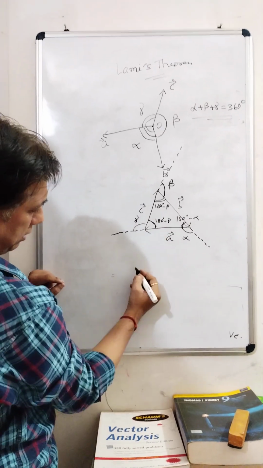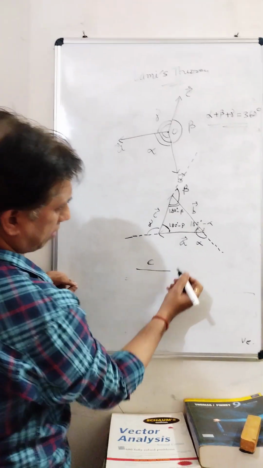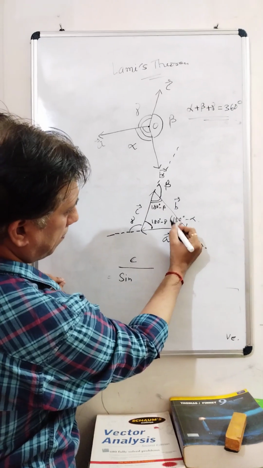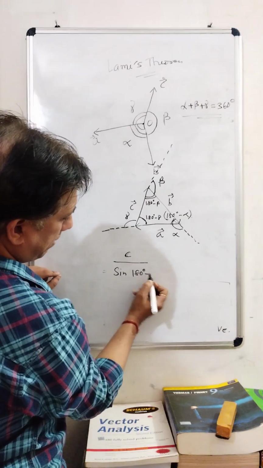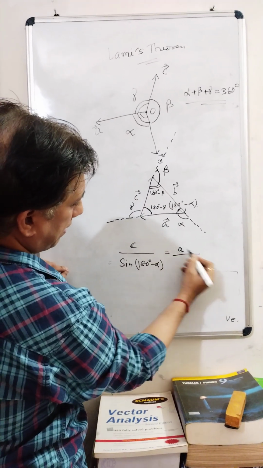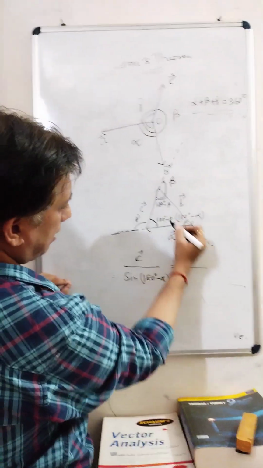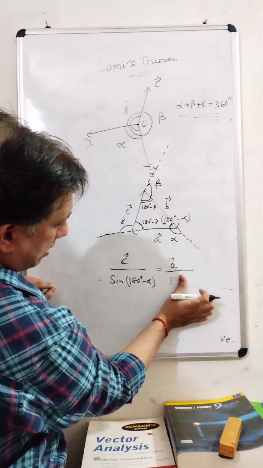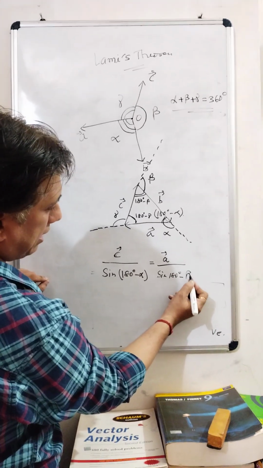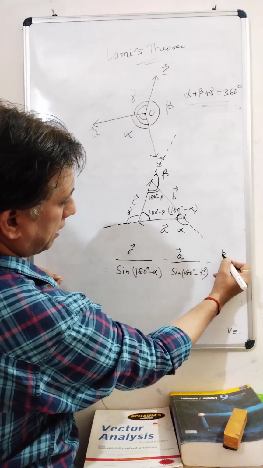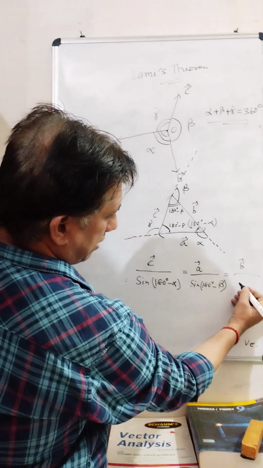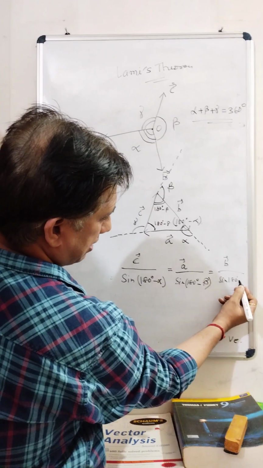So C divided by sine of this angle, 180 degree minus alpha, is equal to A vector divided by sine of its front angle, 180 degree minus beta, is equal to B vector divided by sine of the front angle, 180 degree minus gamma.